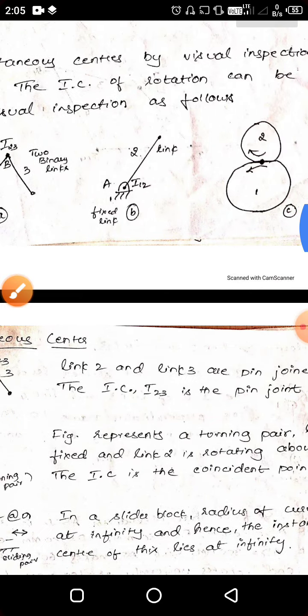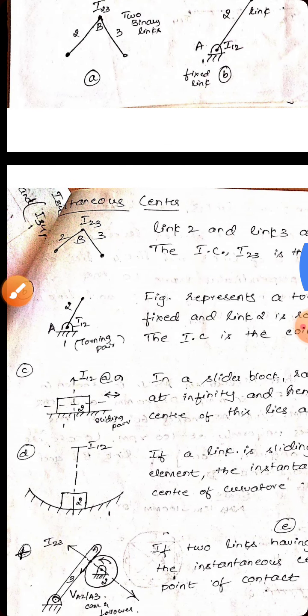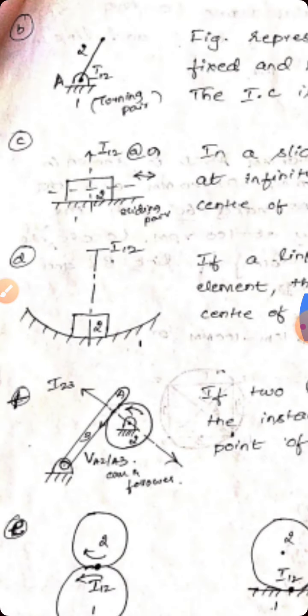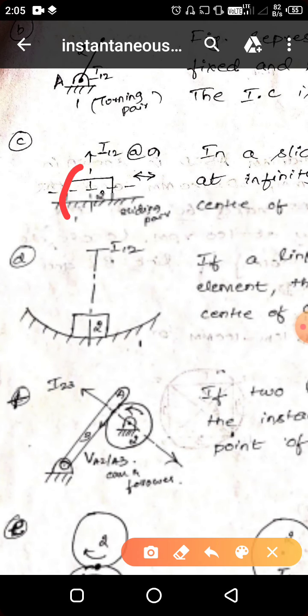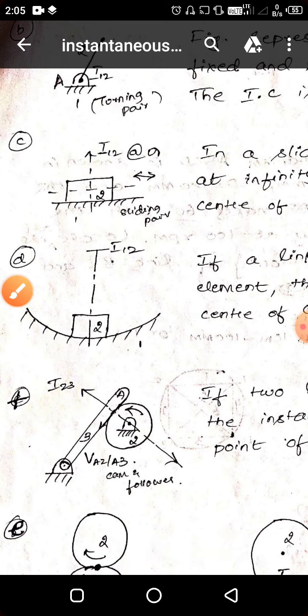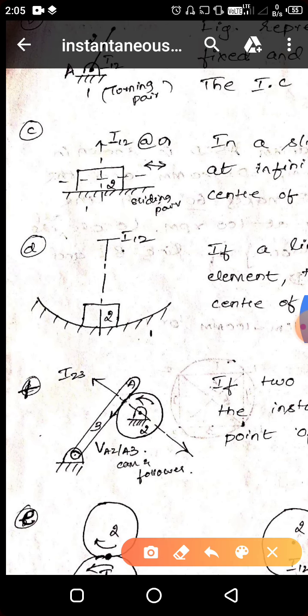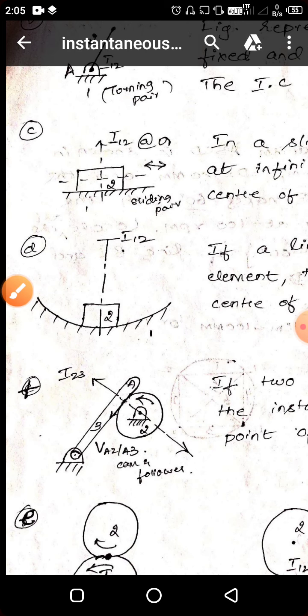Next, let's learn the instantaneous center between different types of bodies. Assume a sliding element named 2 that slides on the fixed platform or fixed link 1. In such a case, the instantaneous center between 1 and 2 is taken perpendicular to the path, at a distance of infinity.